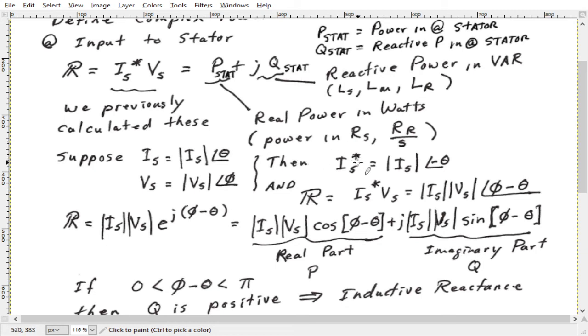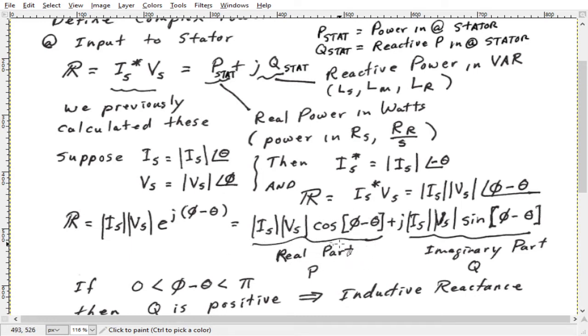Then the complex conjugate of I, you just change the sign of the angle. So if we multiply this out, you've got IS and VS times the difference in angles between the two.